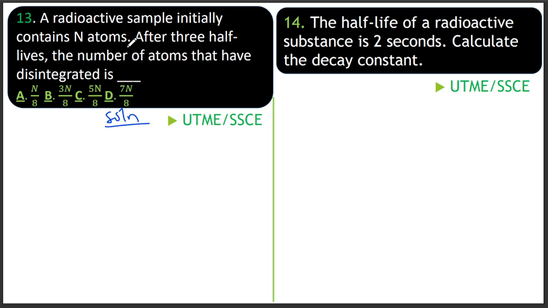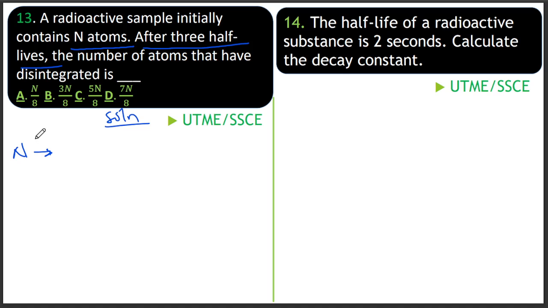All right, so the question says a radioactive sample initially contains N atoms. The question did not specify the actual amount, so you start with N. Then after three half lives, which is equivalent to three arrows, I'm going to draw three arrows or three half lives.